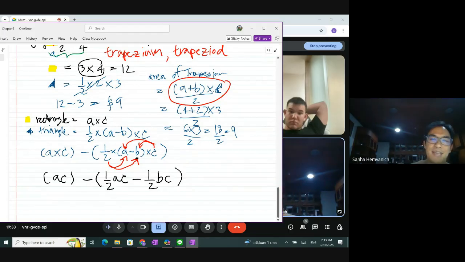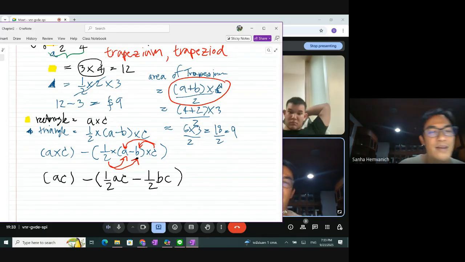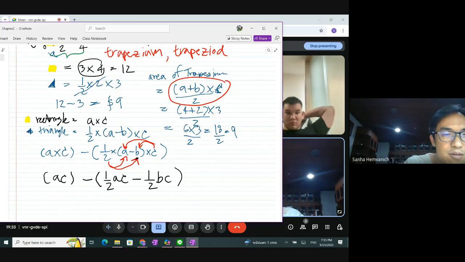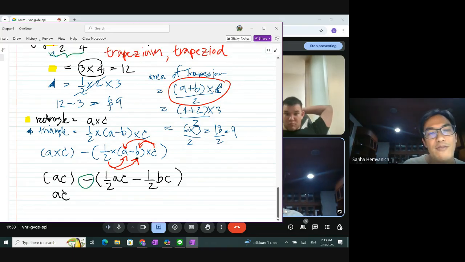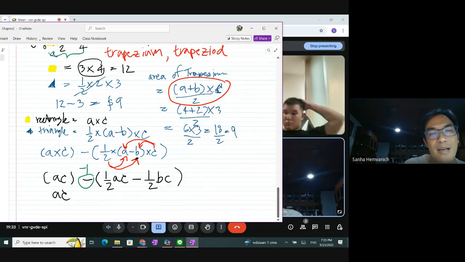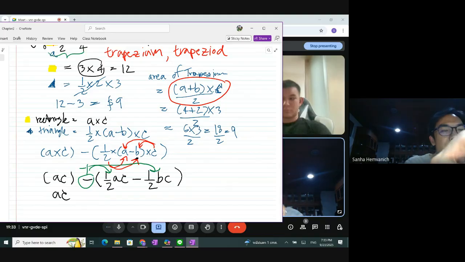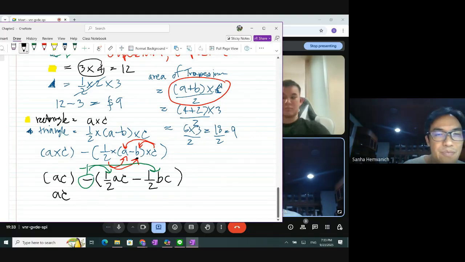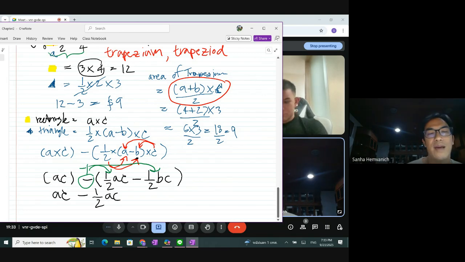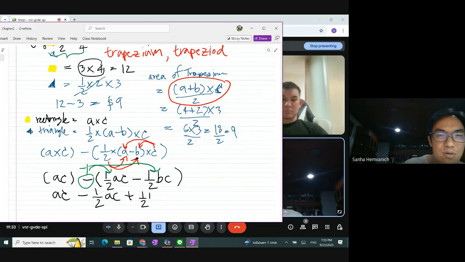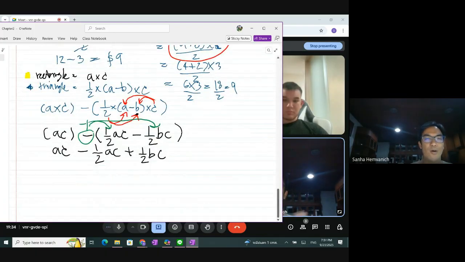So now you have AC. In order to get rid of the parentheses, it's minus, so you have to multiply by -1 into the parentheses. So you have minus 1/2 AC, and then plus 1/2 BC. Okay, so you can see that.